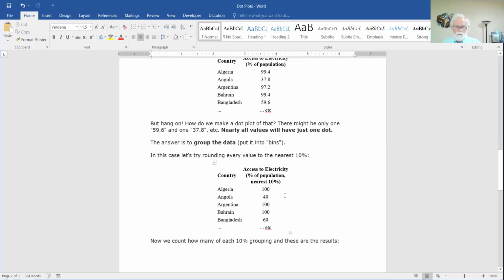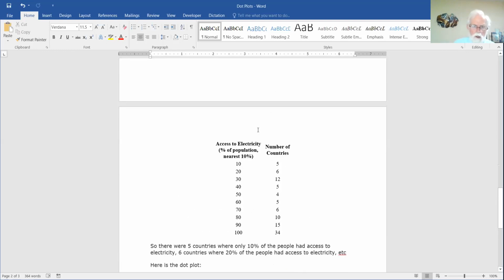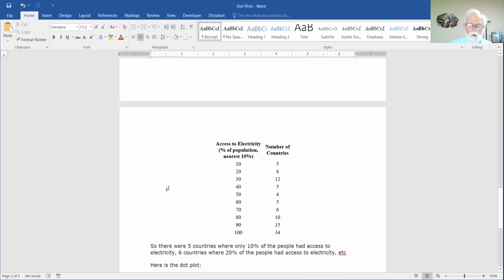We got 100. That averages out. Angola, 37.8. The nearest 10% is 40, etc. Okay. So we have a huge group of countries. So then we can group them in a different way. We can say the number of countries where 10% of the population has access to electricity, 20, etc.